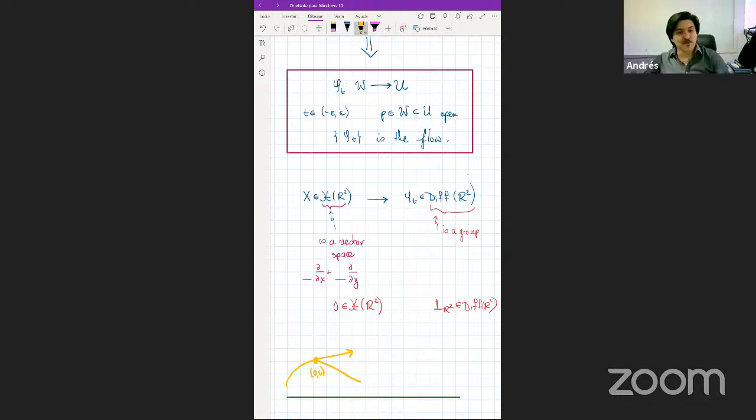Now, let's go to the concept of a vector field, what we have seen today. Again, let's stick with R2. I give you a vector field and we found the flow, like for the rotations or the translations.